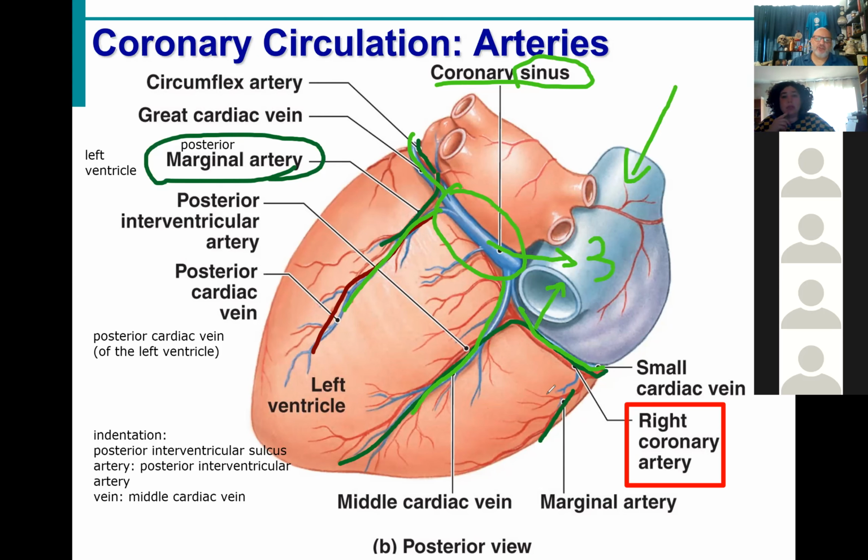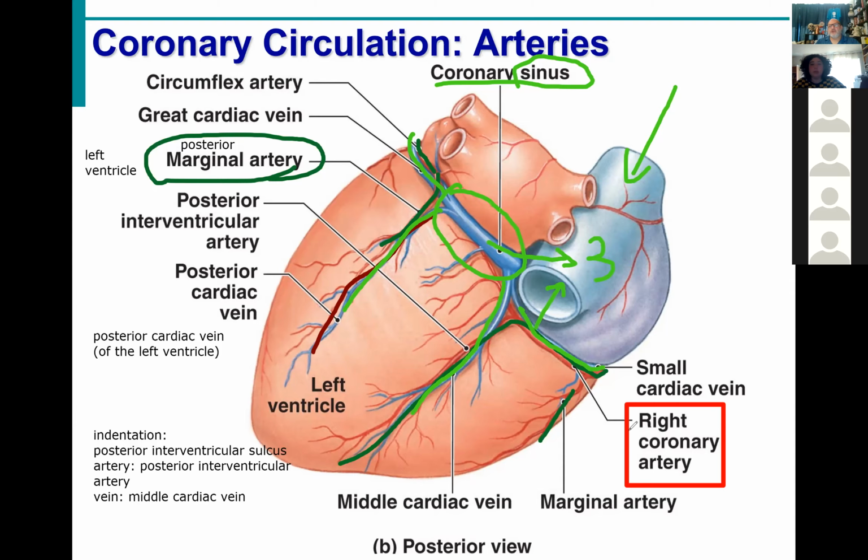Questions on the heart? Excellent. Let's go away from the pretty pictures and draw some of our own. From the ascending aorta, if you don't enter into one of the two coronary arteries, where does blood go?